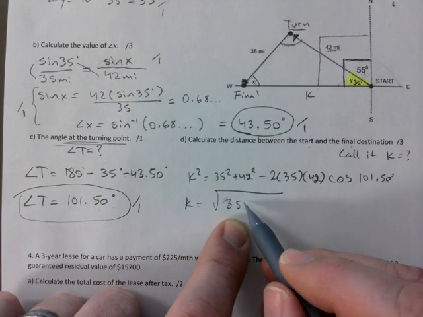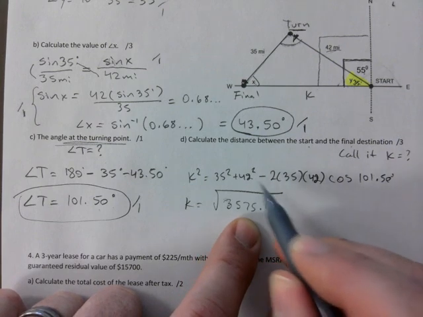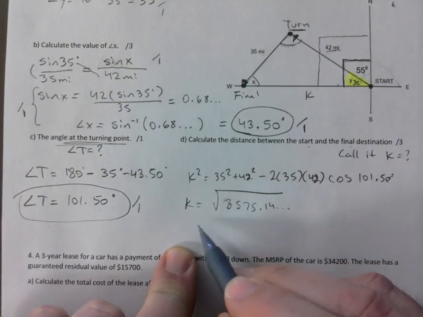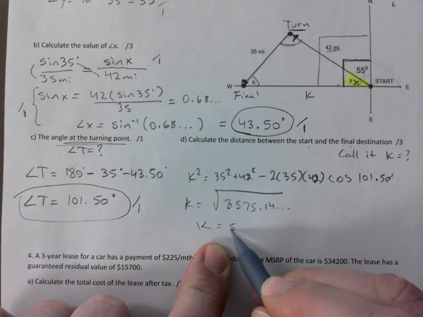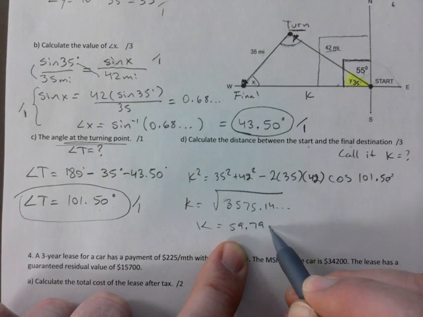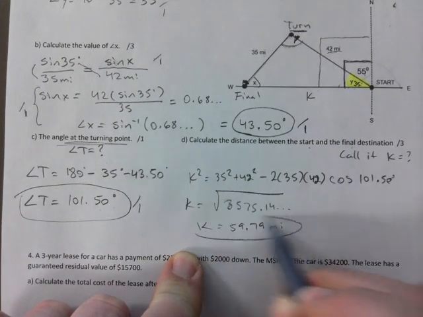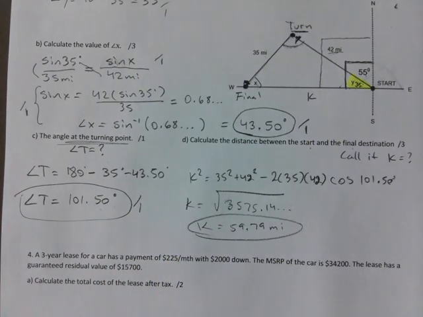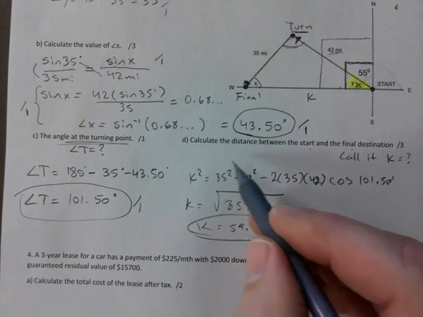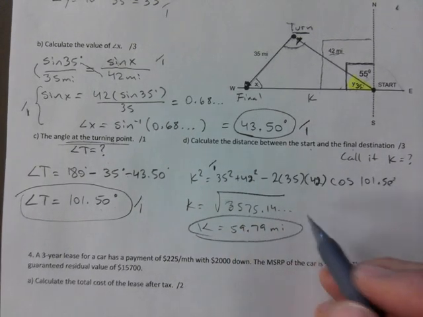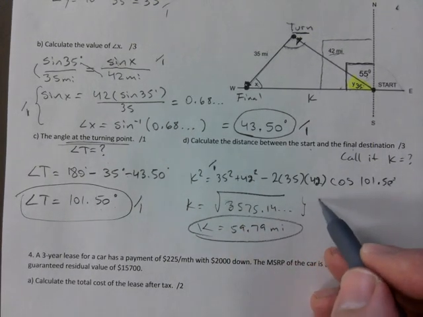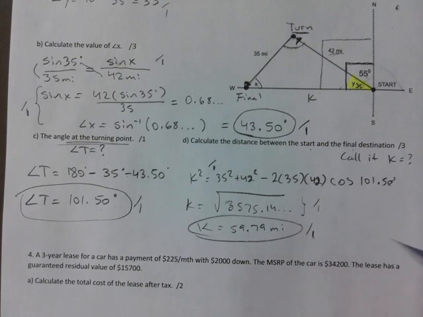Yeah, my key has this as 42. So K would be 5979 miles. 3 marks again. I would give you 1 for cosine law, 1 for the work, and 1 for the final answer.